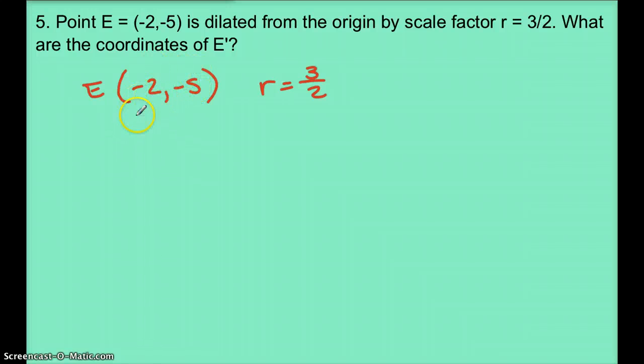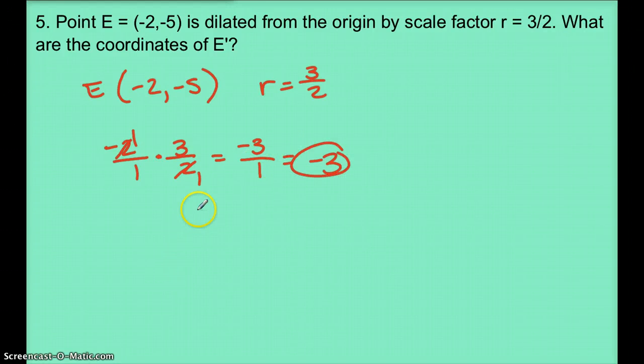So, first of all, the -2. Well, that's -2/1 multiplied by 3/2. I automatically see that I can cancel the 2's, make them 1's. So -1 times 3 is -3. 1 times 1 is 1, and that's simple. It's just going to be -3.